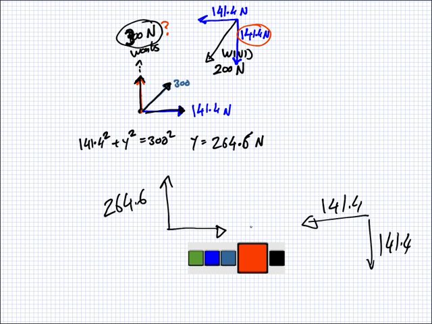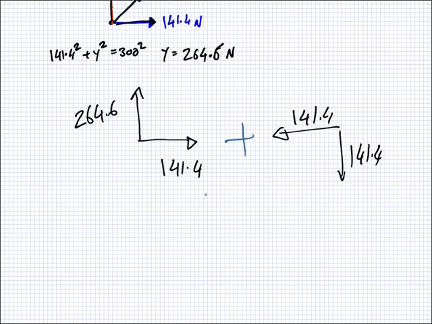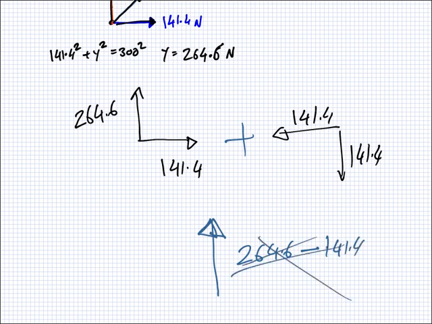Okay? If you add these together, what will happen? At the end of the day, this and this will cancel, and the bird will get its wish and head north. How much force is directed north? 264.6 minus 141.4. But I don't care about that, because I only wanted to know the angle. I wanted to know this angle, or this angle, whichever.